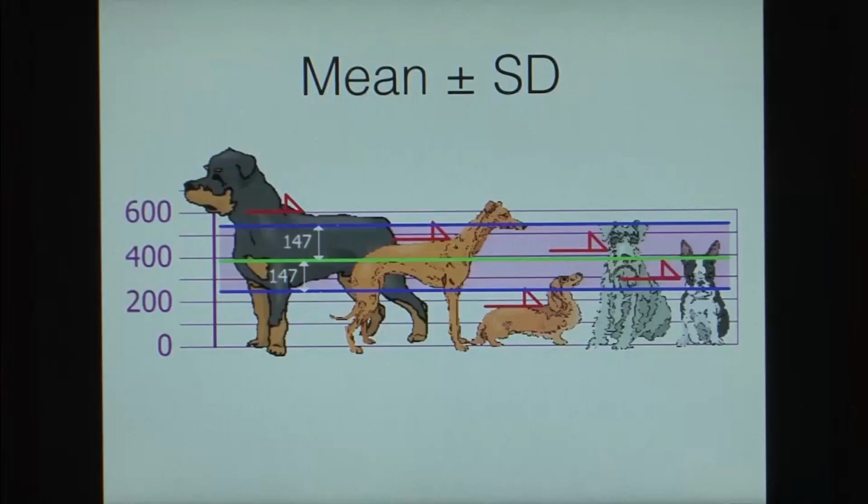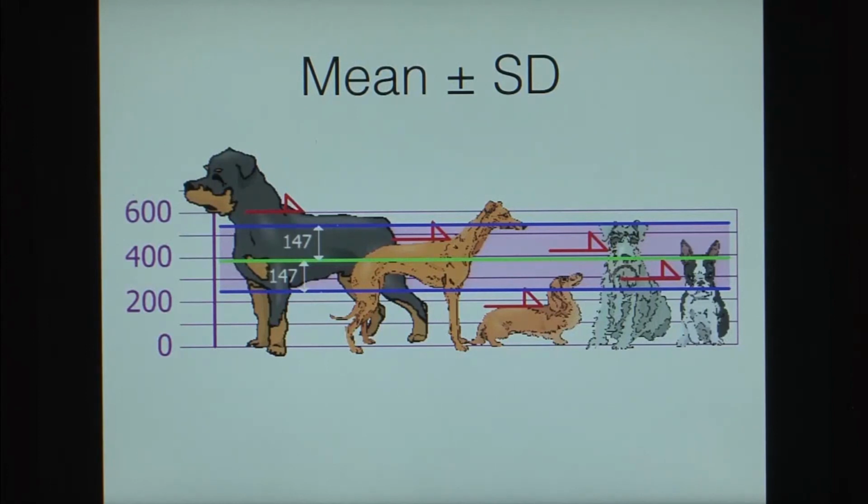If we plot mean plus minus standard deviation, the green line depicts the mean and we have two other lines depicting the standard deviation of 147.32. As you can see, there are some dogs that have a height, like this third dog has a height that is very much less than the mean, but if you consider mean minus standard deviation, its height is covered.